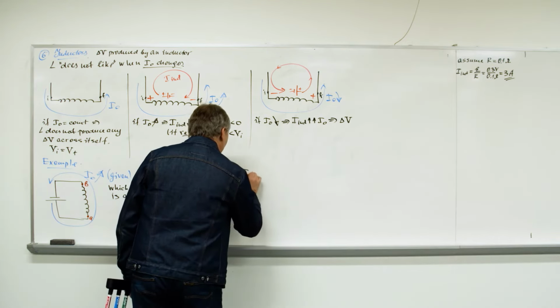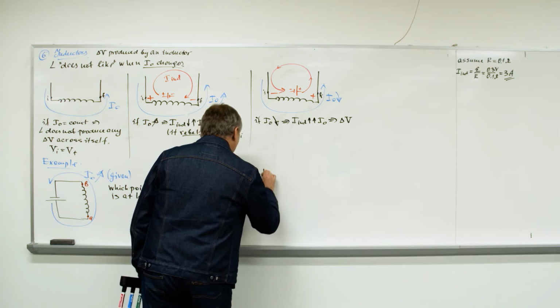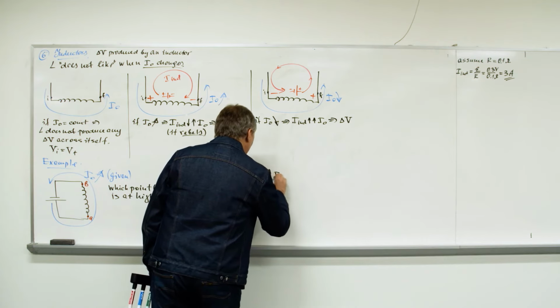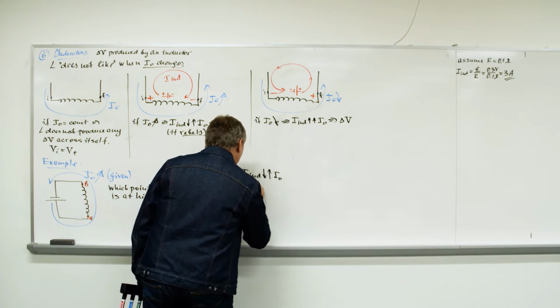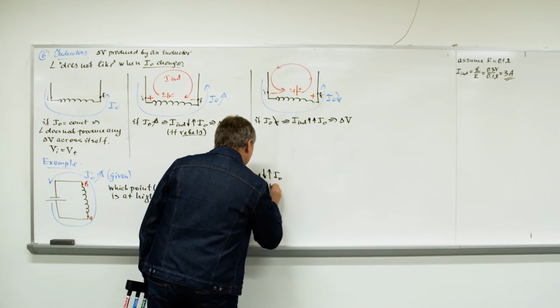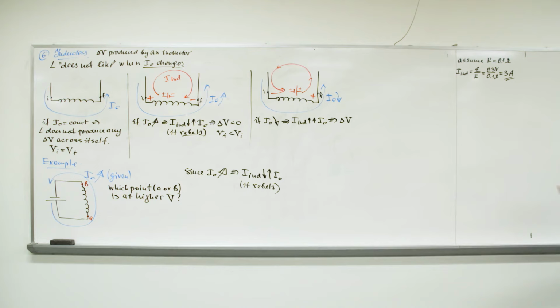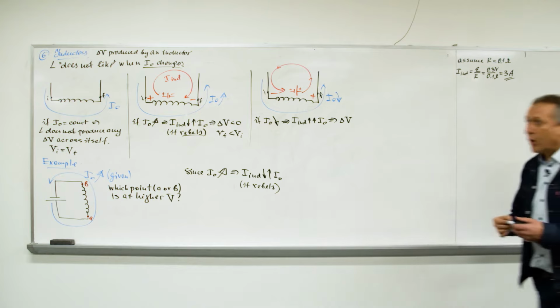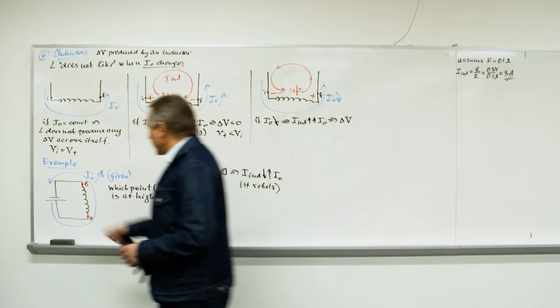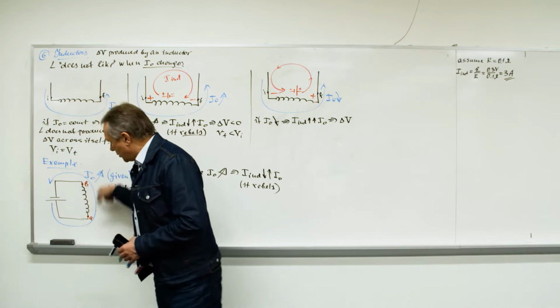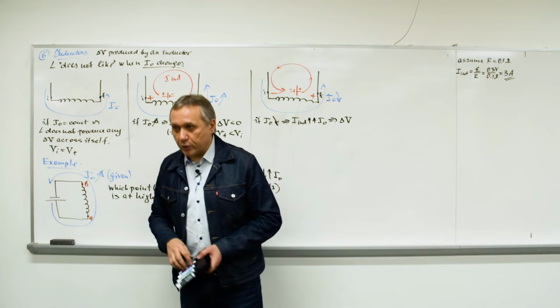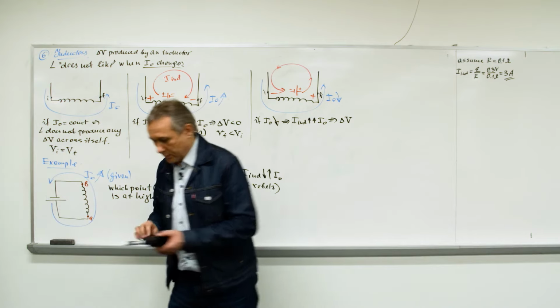It means that I induced will be in the direction opposite to I original. So let me write, it rebels. Now, since we know the direction of the original current, we can draw on the picture the actual direction of the induced current, opposite. Since the original current is counterclockwise, the induced current will be clockwise.